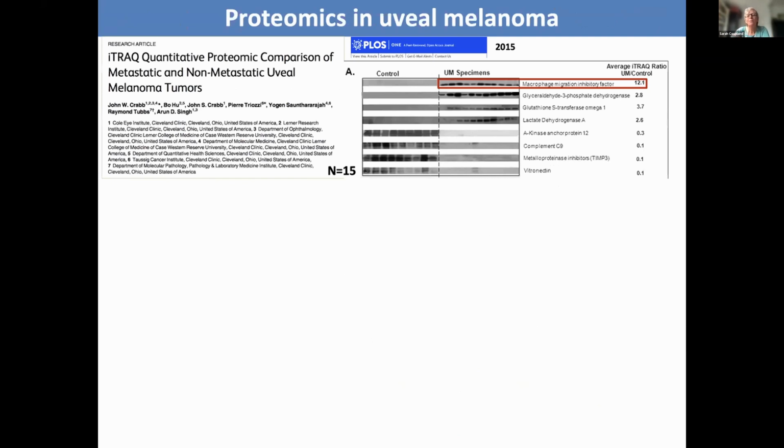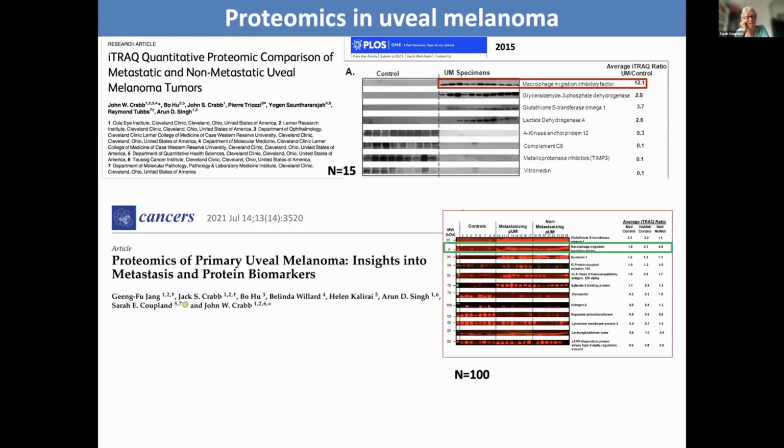This factor MIF was actually first described by Jonathan Crabb, who works in Cleveland. He used an earlier technique of proteomics called iTRAQ, and he found this in approximately 15 samples. Interestingly, he found it in all uveal melanoma samples, and it wasn't in a particular cohort.